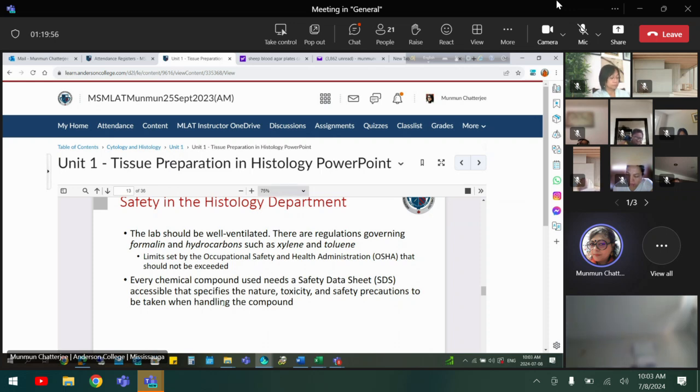And where can you get it? You can get it obviously from the safety data sheet. Even after reading the safety data sheet, if you have any questions, you can contact the company and ask questions.